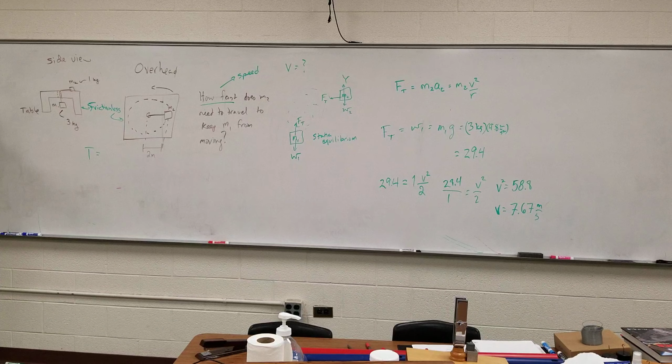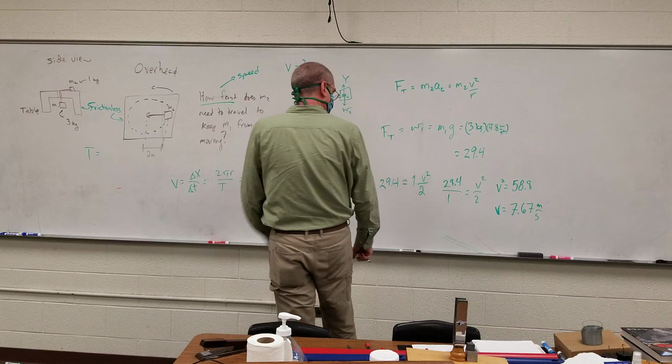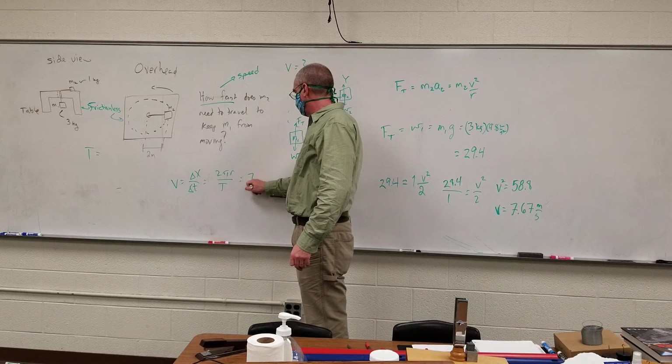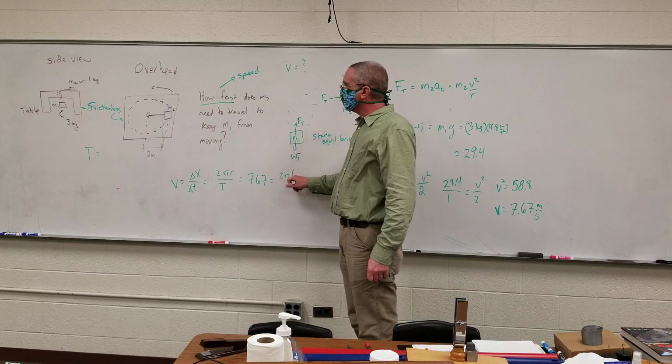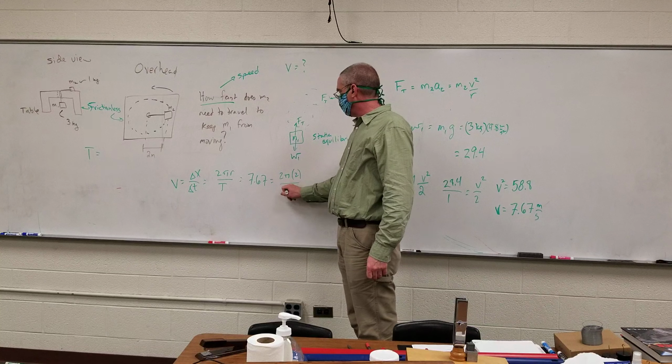Once you bring r squared into it, you're now dealing with two dimensions, like an area. So I know that speed is distance over time. We're talking about one round, so that's 2 pi r divided by the period. So I have 7.67 is equal to 2 pi times my radius of 2 divided by t.